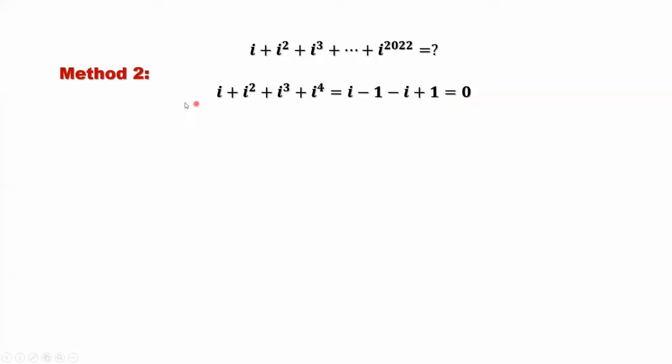The sum of these four consecutive terms is 0. We claim the sum of any four consecutive terms equals 0, whether you start from the middle, the beginning, or count backwards from the end.